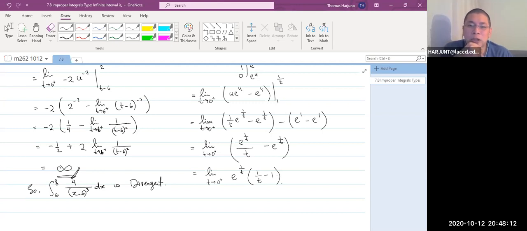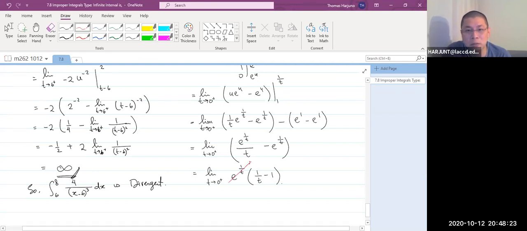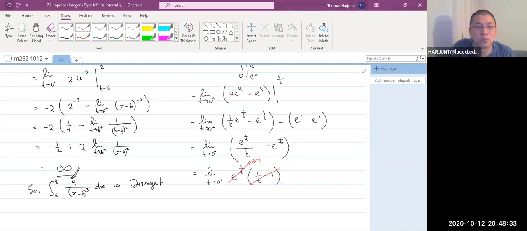This is not in indeterminate form though. You will see this goes to infinity, this goes to infinity, right? This also goes to infinity. You see? So infinity times infinity is not undetermined.